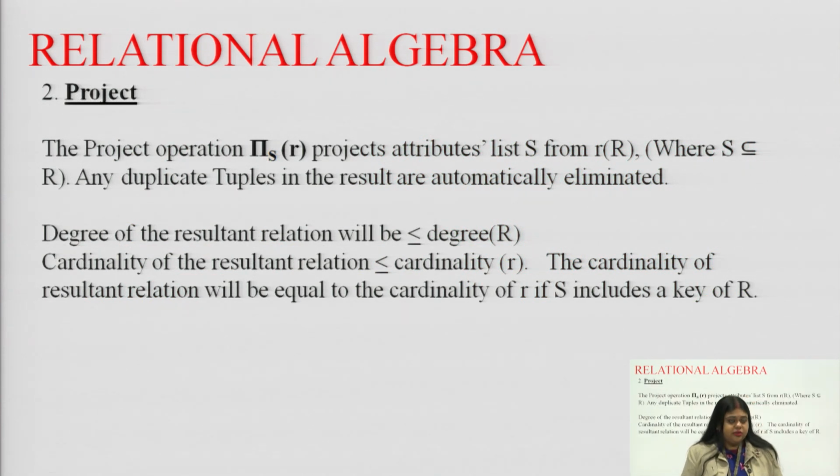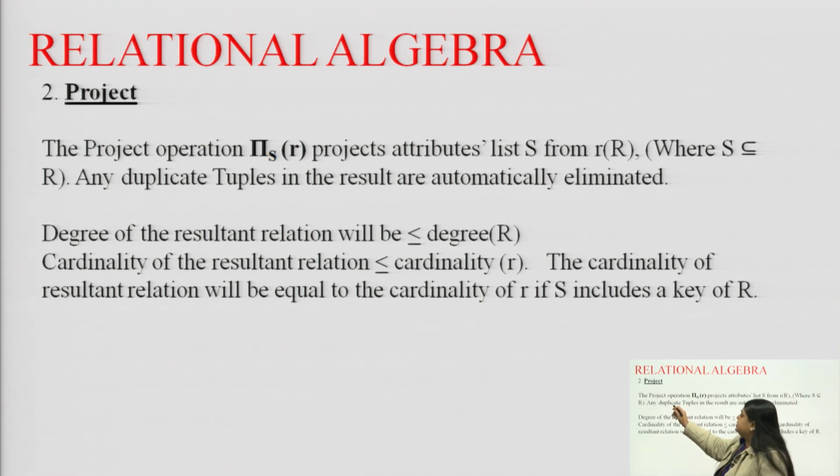Okay. Now, let us come to the project operation. What is project? I told you project always works at the level of the attributes. What does that mean? It means that we are going to reduce the number of attributes in the relation, right.